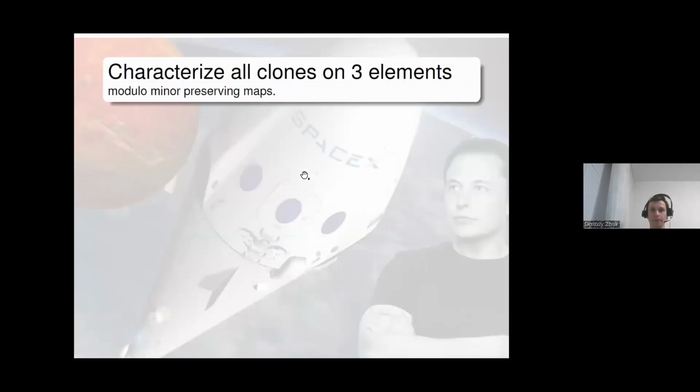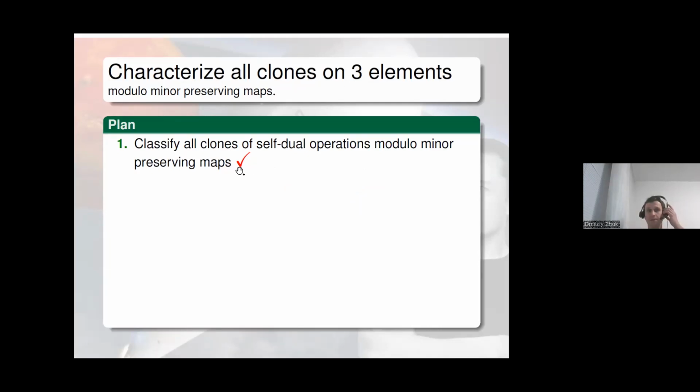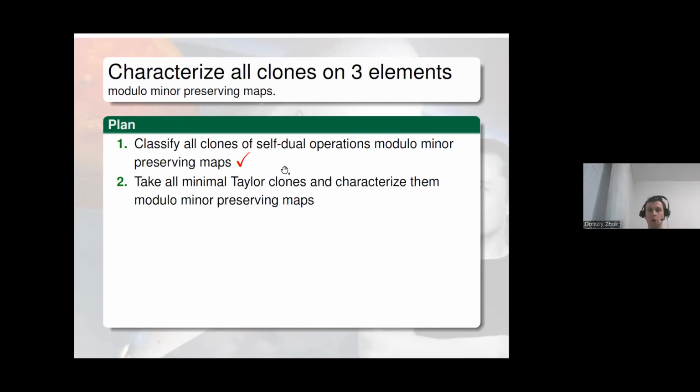Okay, and yeah, our big goal, of course, is to characterize all clones on the 3-element domain modulo minor preserving maps. And we have a plan, and we already did a lot in this plan. So first, we classified all clones of operations modulo minor preserving maps. That's done. Also, we can take all minimal Taylor clones and characterize them modulo minor preserving maps.